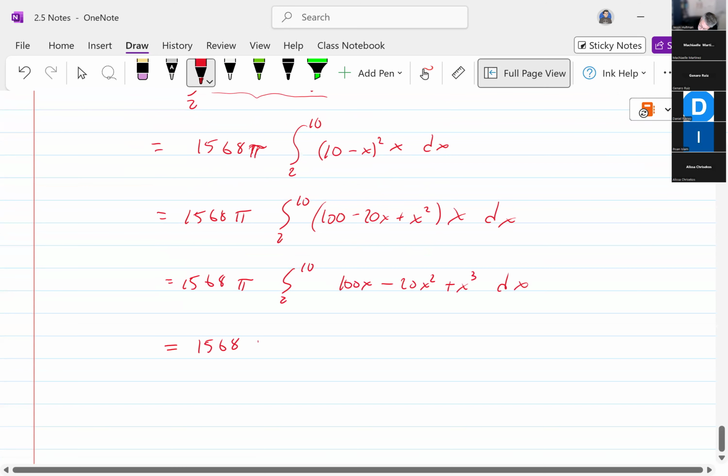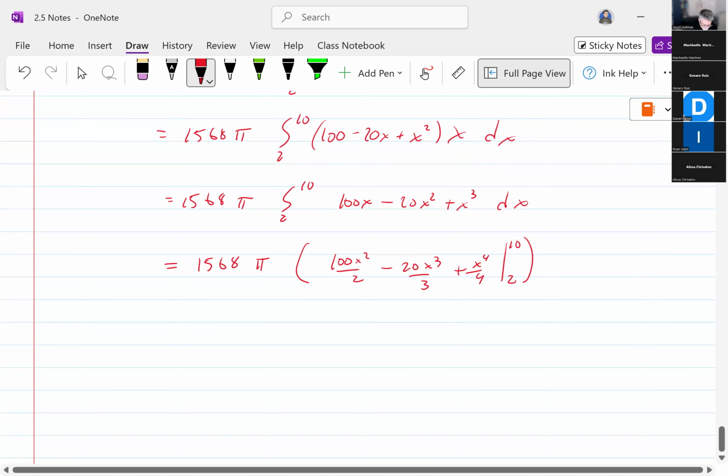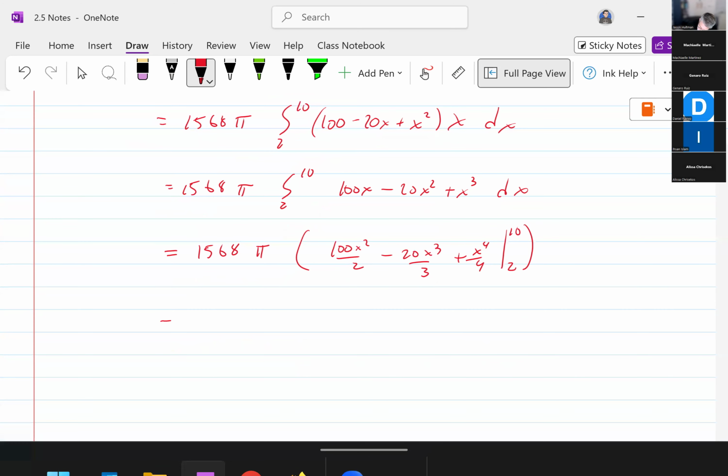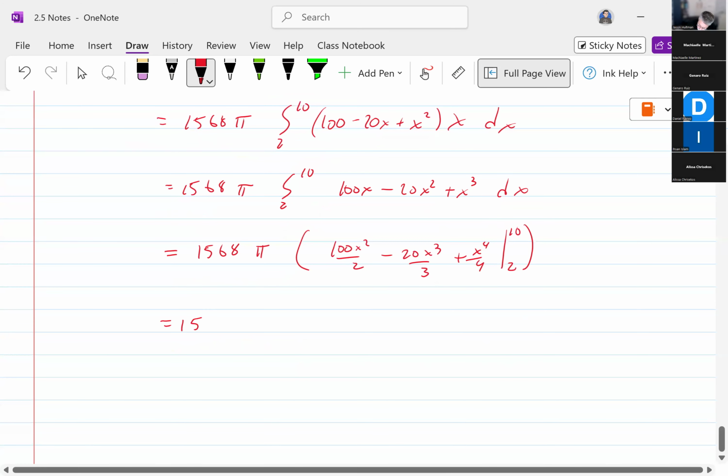Now let's integrate. This is going to be 100x squared over 2 minus 20x cubed over 3 plus x to the 4th over 4, evaluated from 2 to 10. Now this just becomes kind of a numerical problem.